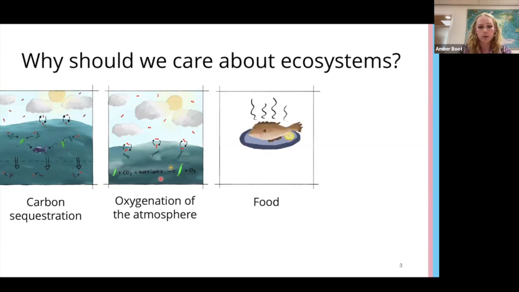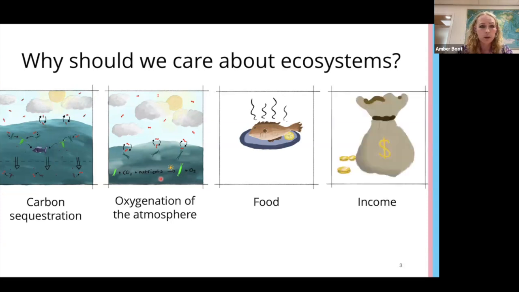They provide food. Around 11% of the population on Earth has fish as their main protein source. And through fisheries and through tourism, which are multi-billion industries, they also are a very important source of income. So these are typically things we would call marine ecosystem services.